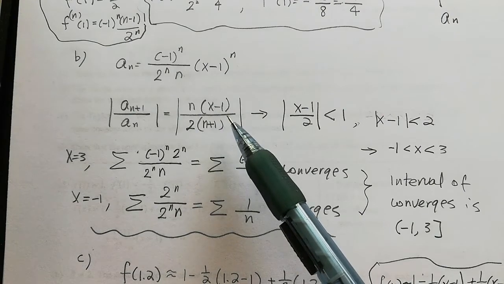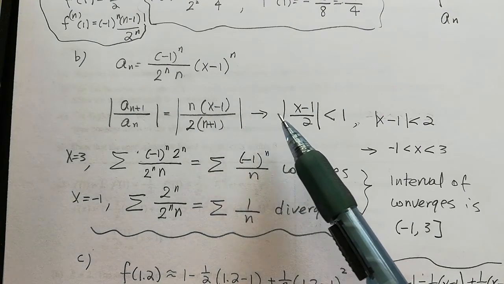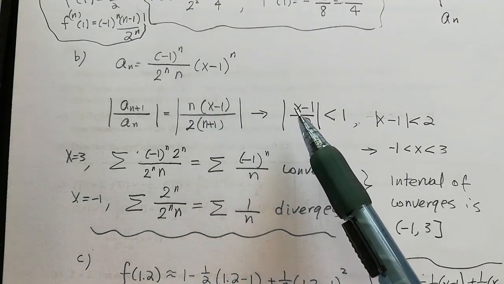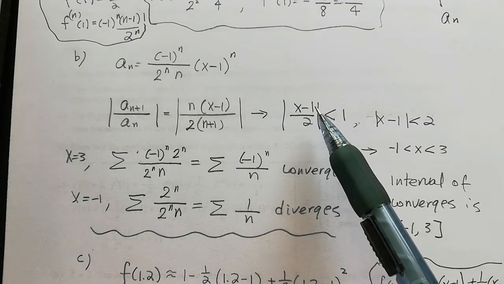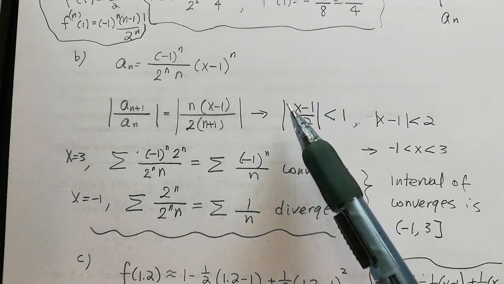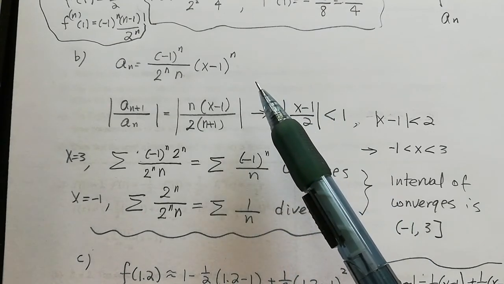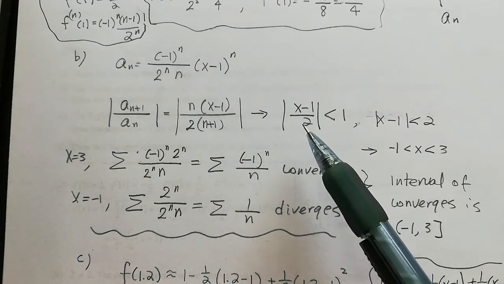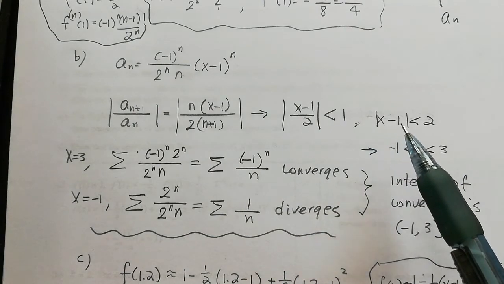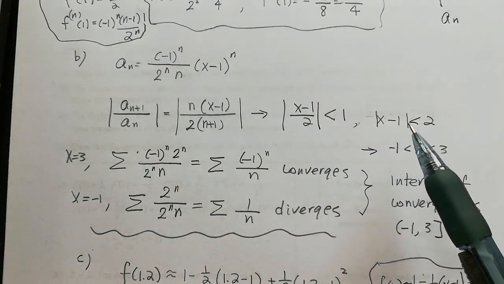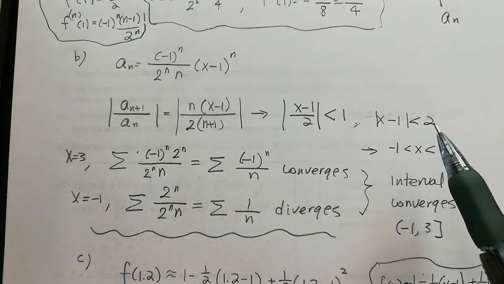And you let n go to infinity, and the ratio will approach absolute value of x minus 1 over 2. And you know this has to be less than 1 for the series to be convergent. And you multiply by 2, you will get absolute value of x minus 1 less than 2.